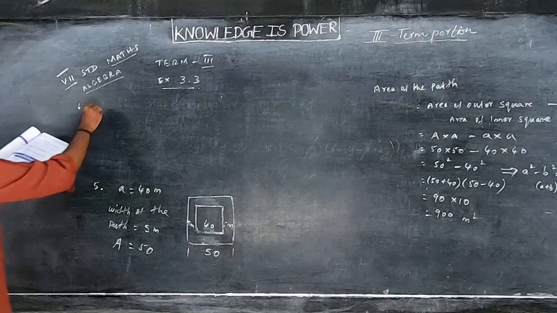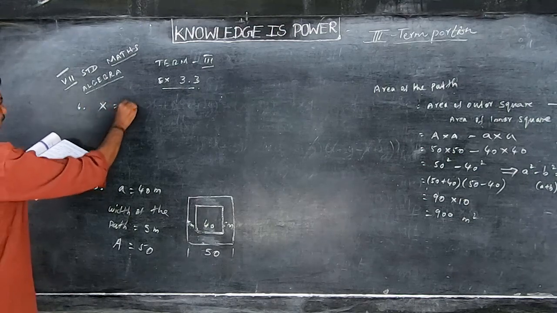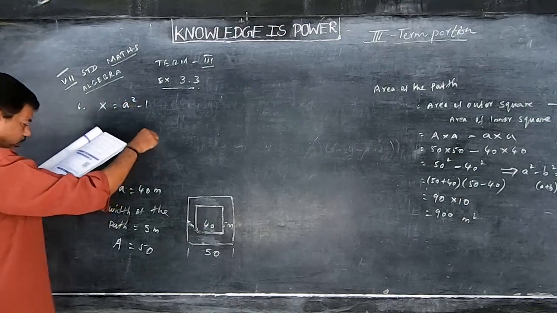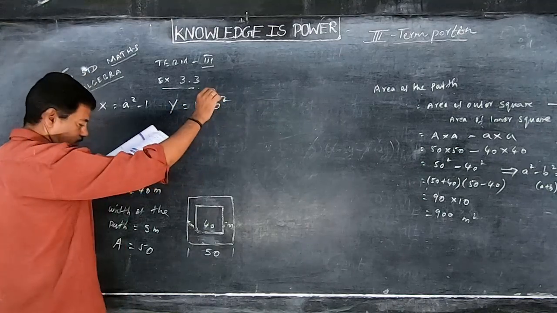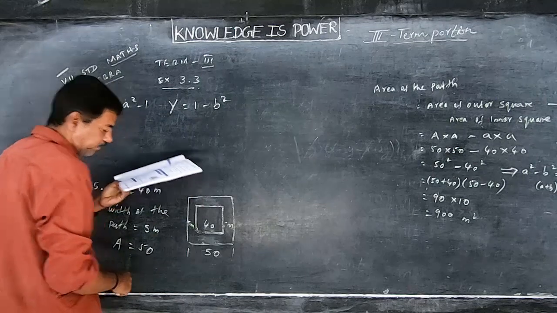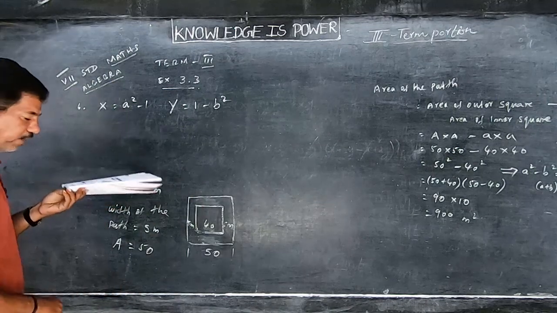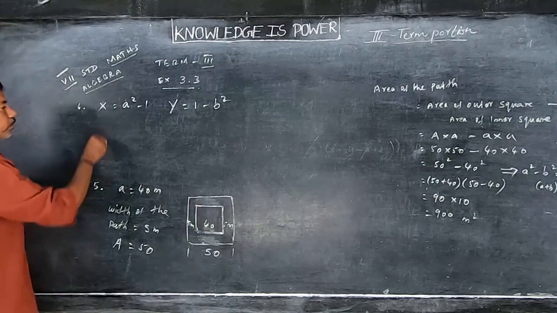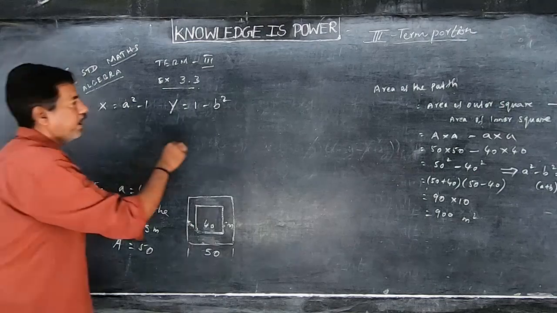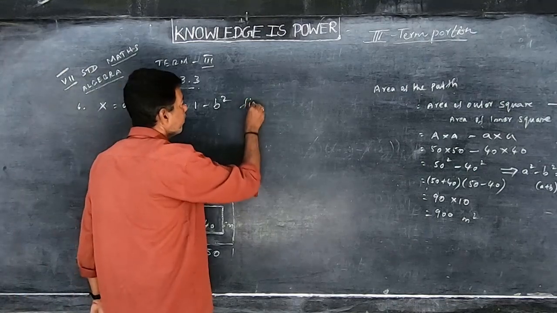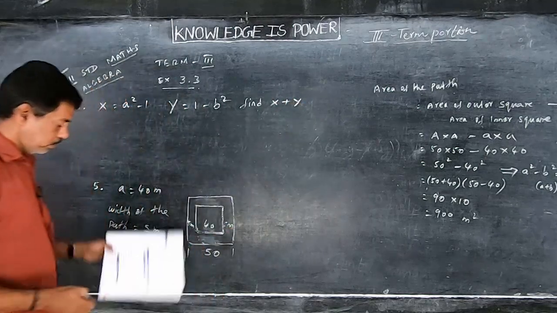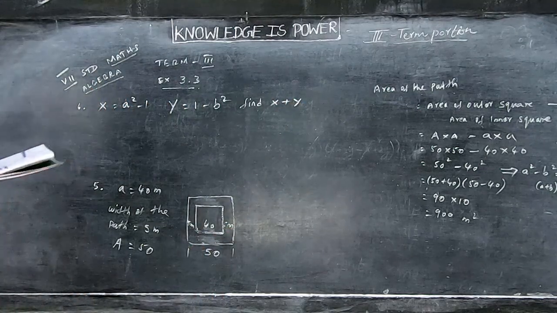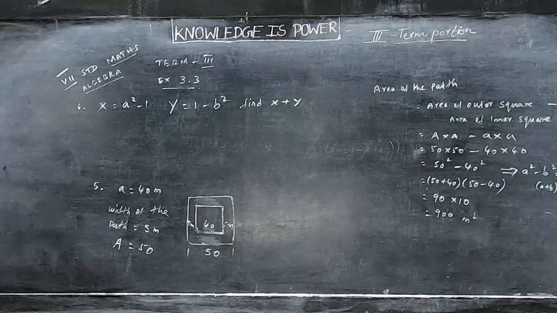Question number 6. If x is given as a square minus 1, y is given as 1 minus b square, then find x plus y and factorize the same. How do we have to factorize?